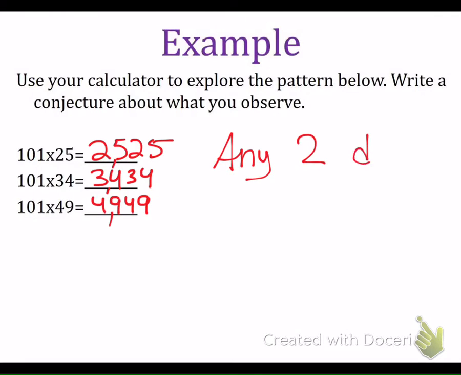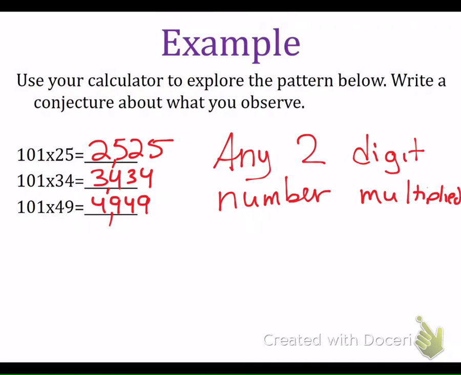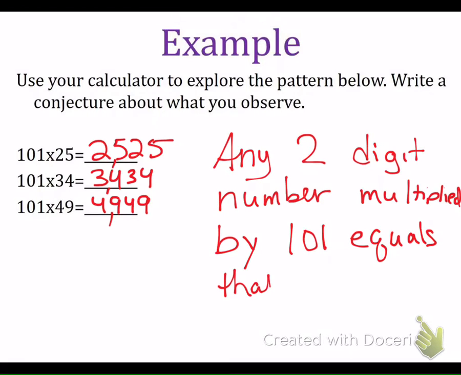Let's say any two-digit number multiplied by 101 equals, how would you describe that? That number written twice?